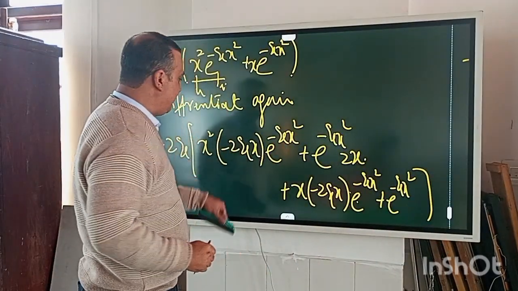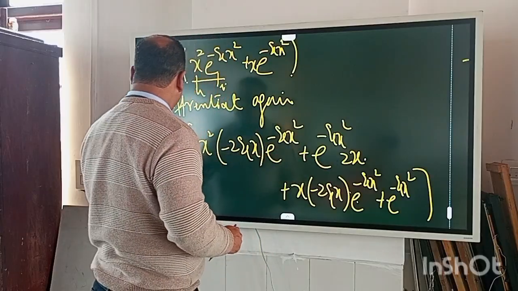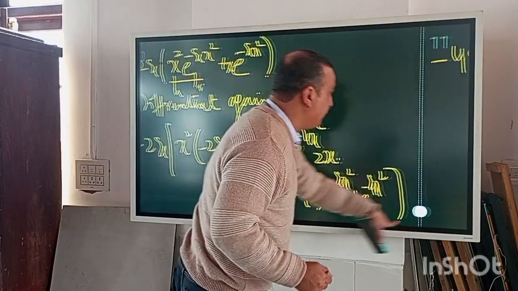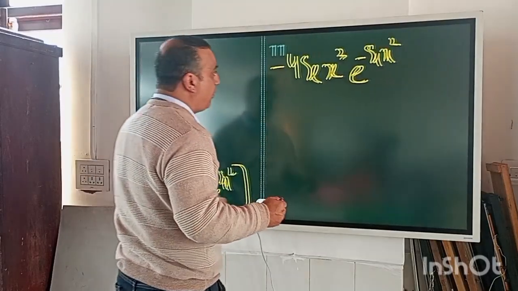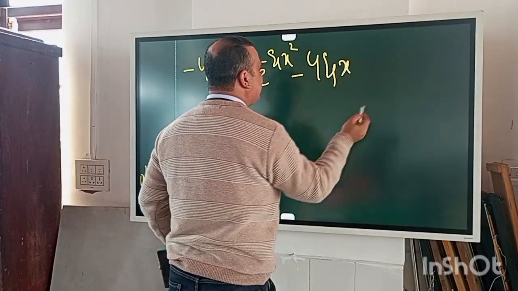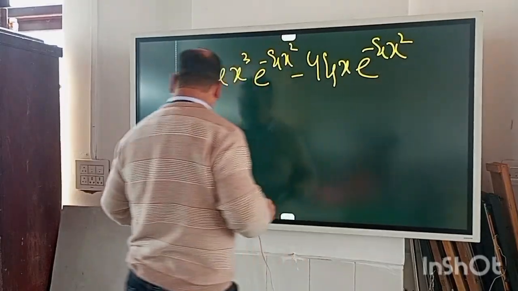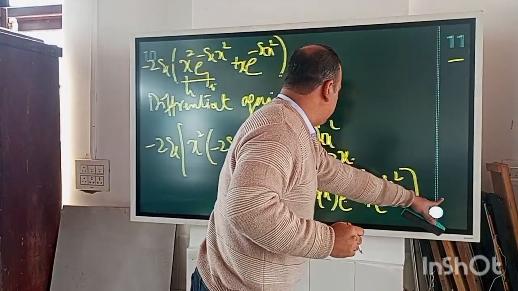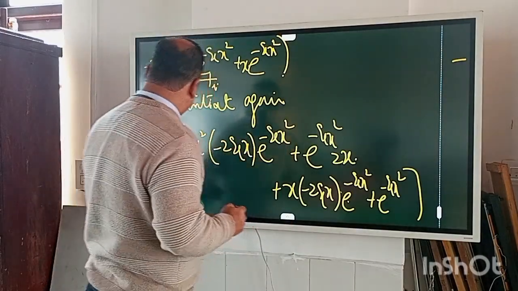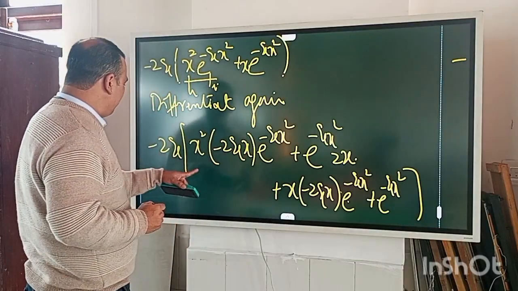Now 2 times 2 will give me 4. This is minus 4 zeta x. Now I'll have minus 4 zeta x e to the power of minus zeta x squared. Right? So this is minus 4, and this thing is multiplied, so it has its own minus, and minus and minus will become plus.